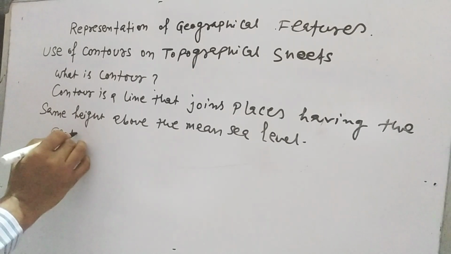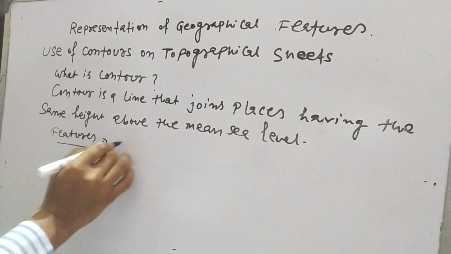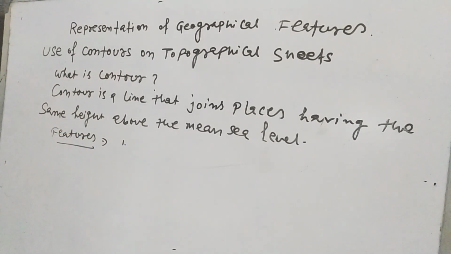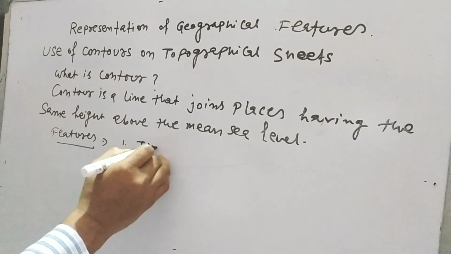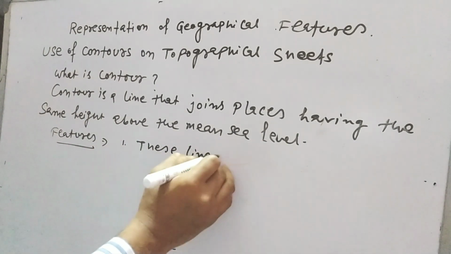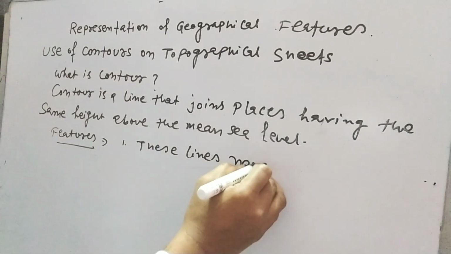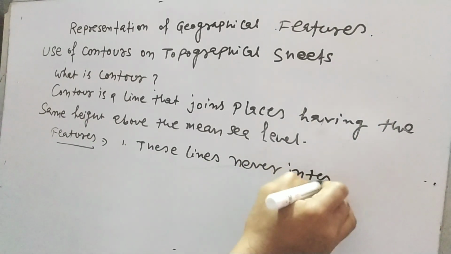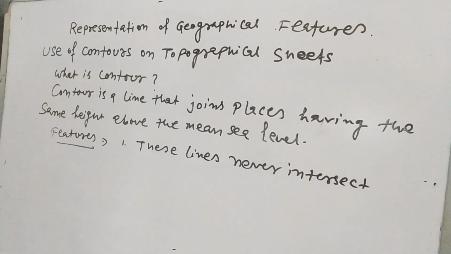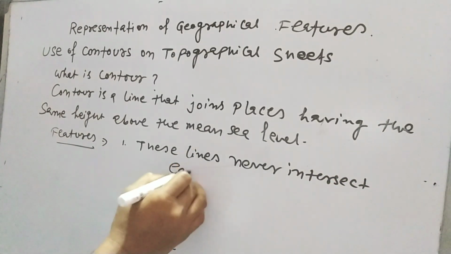Now, features of contour lines. Number one, these lines never intersect each other.